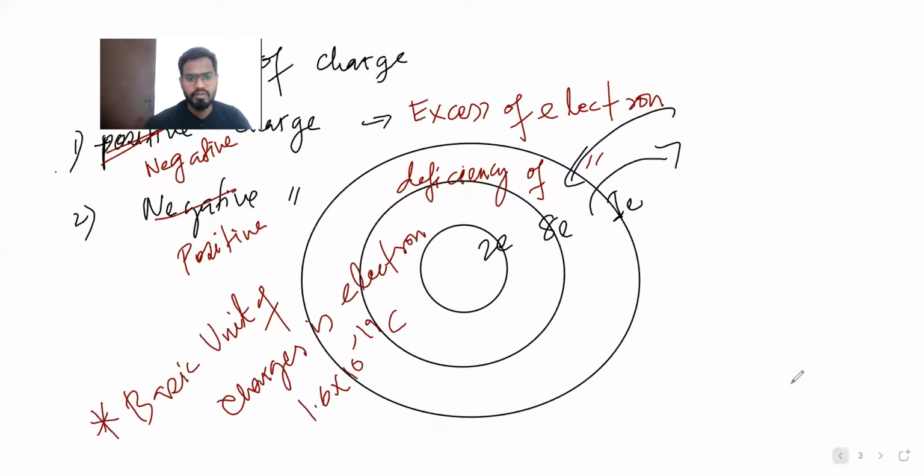The first property is, obviously, like charges repel each other and unlike charges attract each other. Positive repels positive, negative repels negative, and positive and negative attract. So the first property is that like charges repel each other.